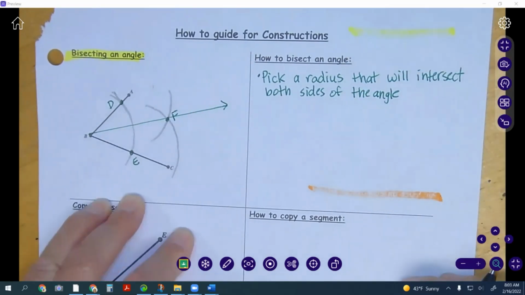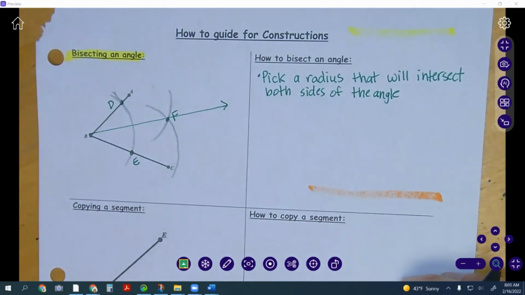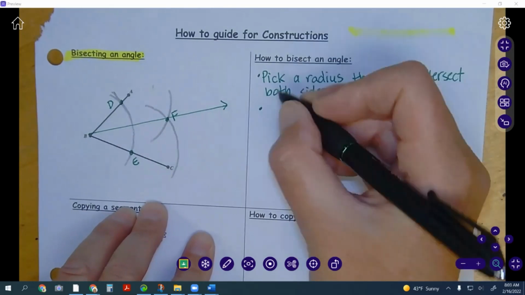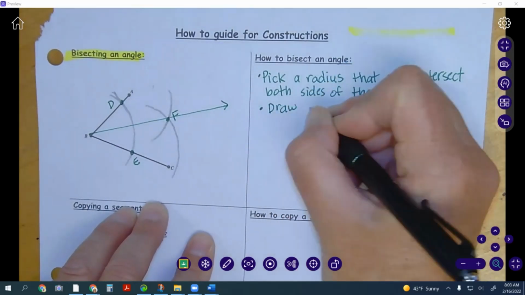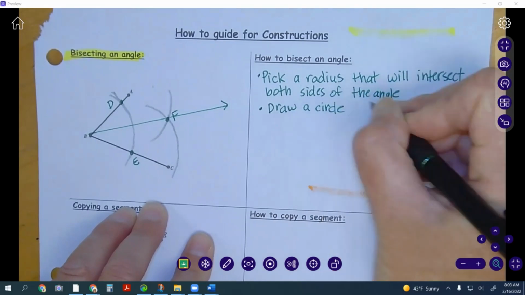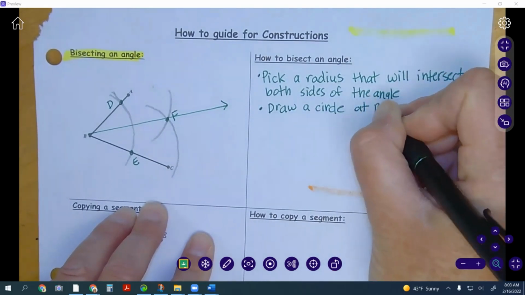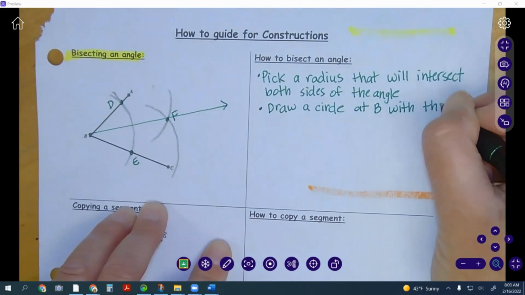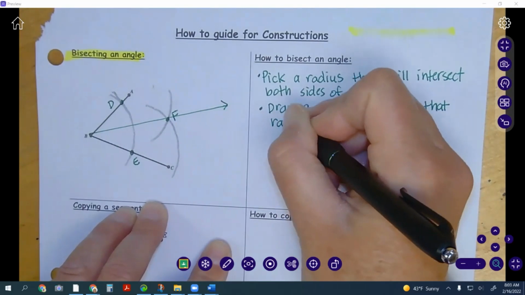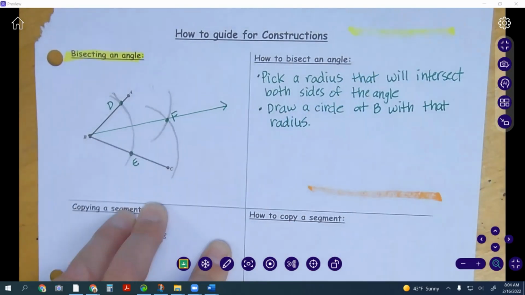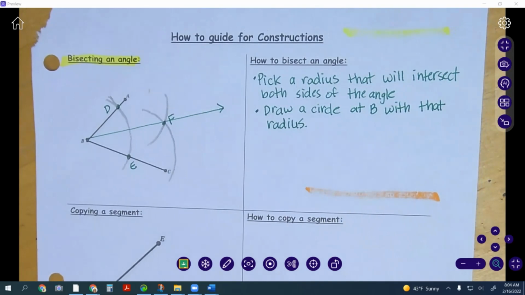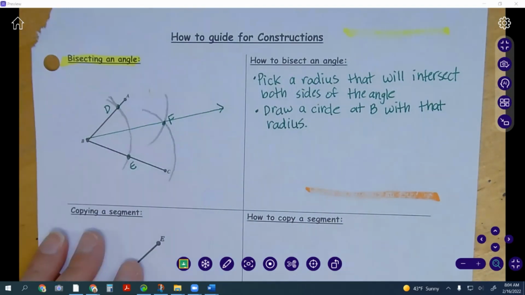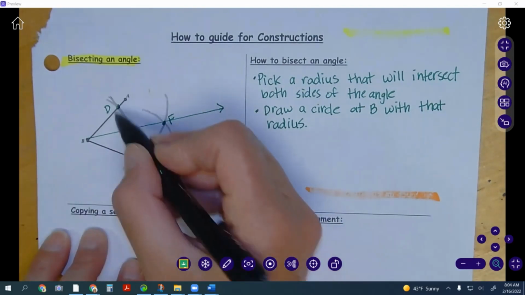Okay, so again, don't pick something too big that is not going to cross both sides. Then what we're going to do is draw a circle at B with that radius. So that was this situation here, okay?